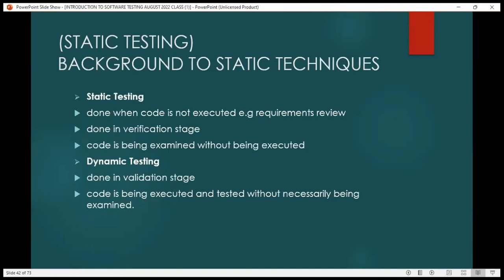If you have been given all these documents to review, my expectation is that I must have a clear understanding. I must know where that journey is going to, and that journey should make sense to me. That's the way you do your static testing.